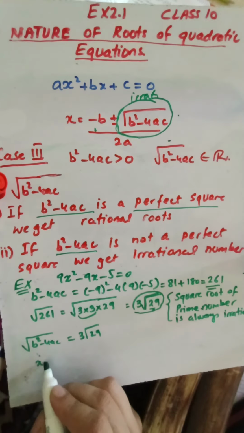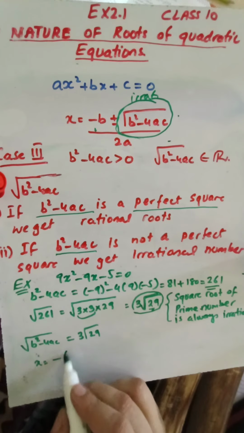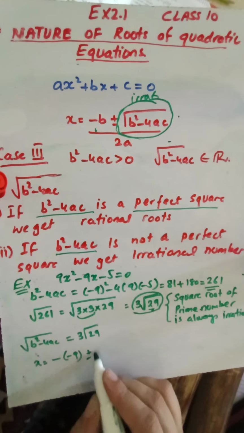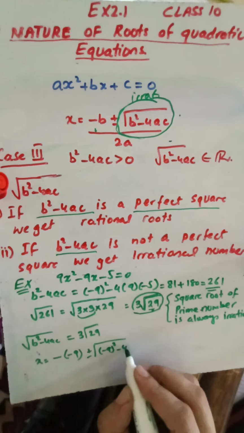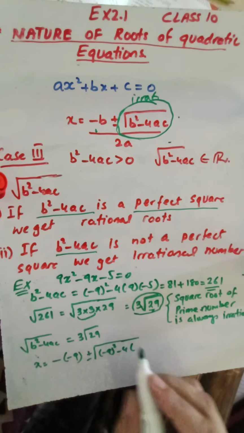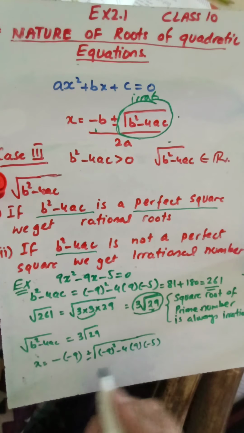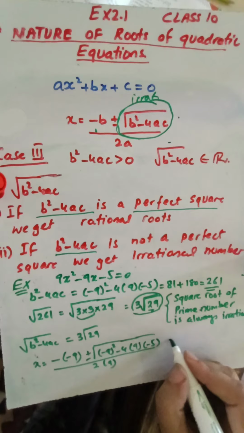If you want to find the roots, what we are going to do is use this formula: minus b plus minus the square root of b square minus 4ac, where a is 9 and c is negative 5, over twice of 9.